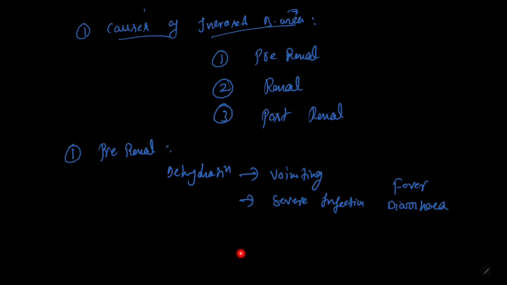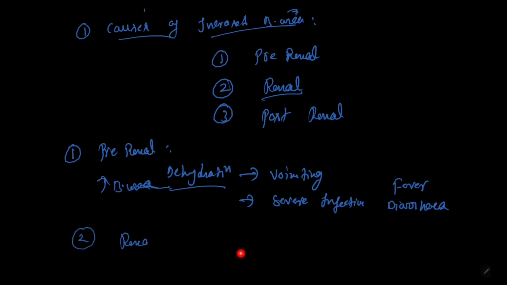All these cause dehydration, which itself leads to elevation in the blood urea level. In these conditions renal function is proper, but the amount of blood reaching the kidneys is limited, and there will be elevation in the blood urea level.